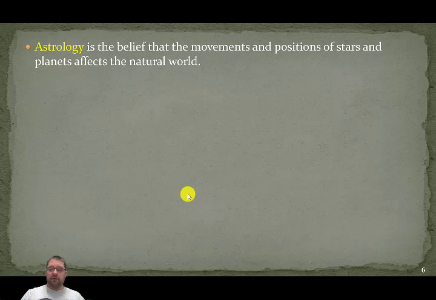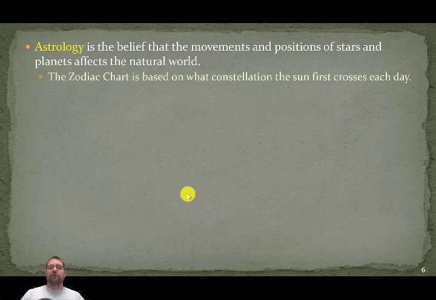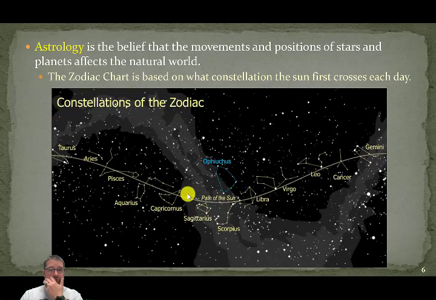Okay? It went further into being able to predict your behavior or your mood or what's going to happen to you in a given time period, even a given day, maybe a given month, a given week, etc. So zodiac charts were created and horoscopes were created from these.